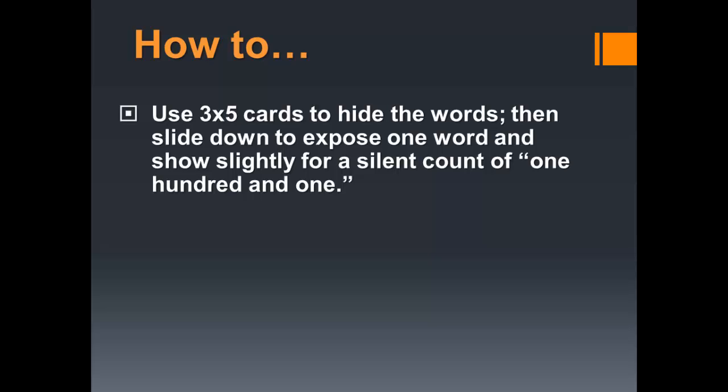You hold that open for a silent count of 1-0-1. Close. And what you do is you bring down the top card and it bumps the bottom card. So again, slide the bottom card down, show the word, count 1-0-1, bring the top down, and close.